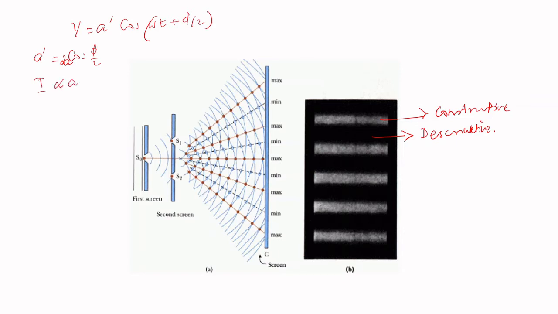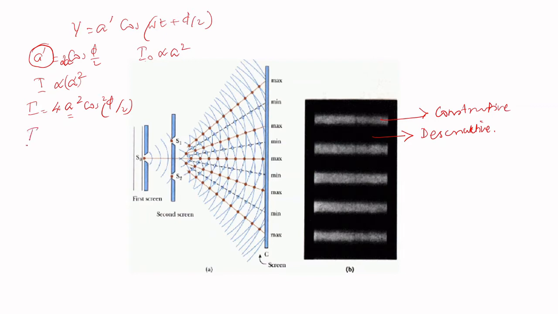I is proportional to the square of the amplitude. Now the amplitude is A dash, so it will be A dash square. So I is equal to 4a square cos square phi by 2. Initially the amplitude was a, so if you consider I0 as the initial intensity, I0 is proportional to a square.